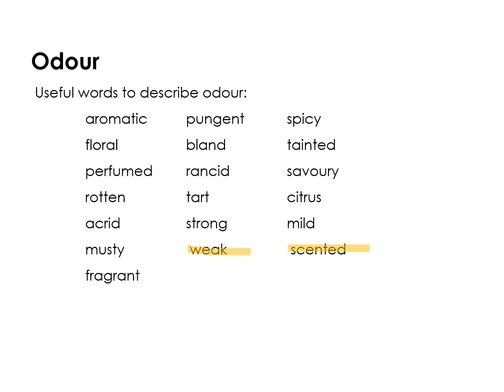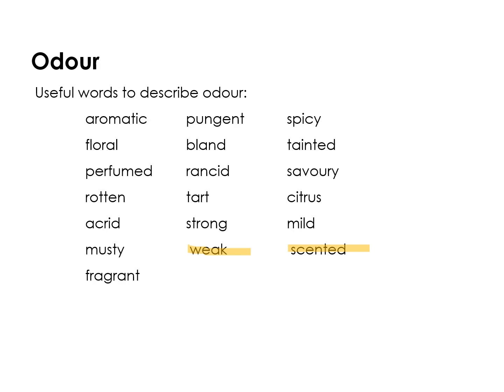Tart, a sharp, sour scent often associated with acidic foods such as lemon juice or vinegar. Citrus smell, a fresh, bright scent associated with citrus fruits like oranges, lemons, and limes.